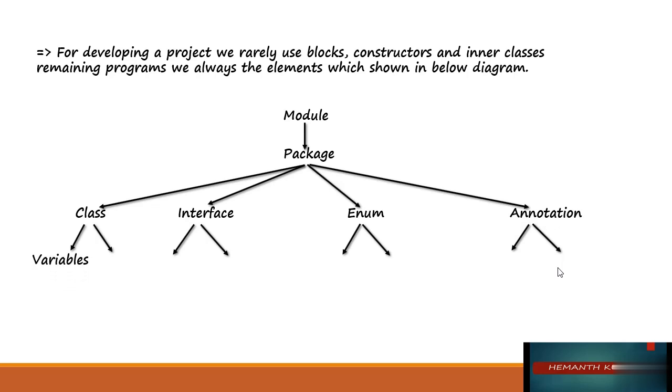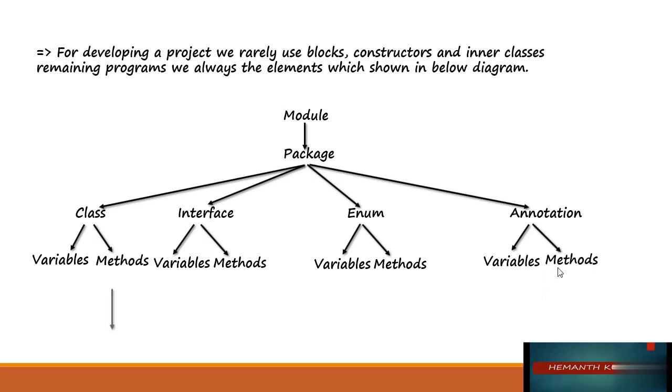Inside a class we will have variables and methods, and in an interface also we will have variables and methods. An enum also has variables and methods. An annotation also has variables and methods.